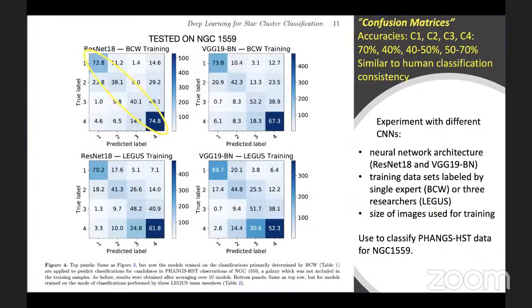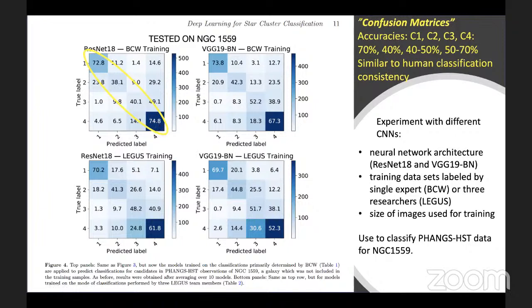The results of the neural network classifications are typically presented in these so-called confusion matrices, with the true label on one axis, true label determined by the human and the predicted label determined by the machine, and the prediction accuracies can be read off the diagonal.